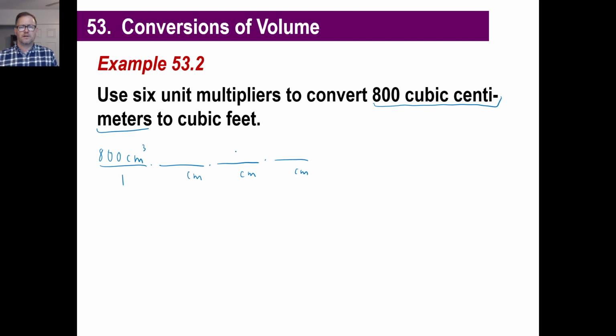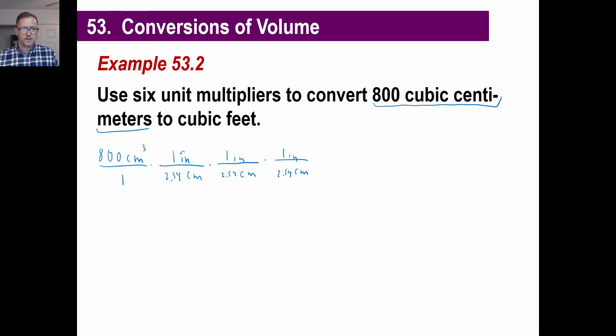Well, centimeters to feet doesn't exactly go, right? And that isn't one we memorized already before. But we can do centimeters to inches, right? So if you remember, an inch is 2.54 centimeters. So we'll have to write that 3 times.